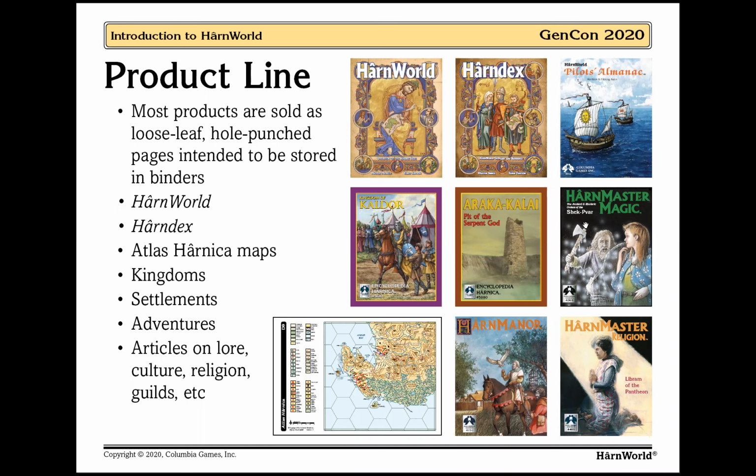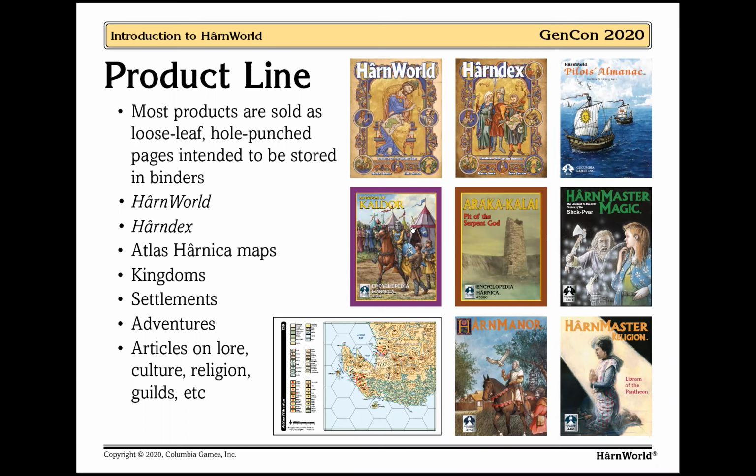So when you're starting, there are some pretty obvious places that we can say, these are the first things you really need to do, because they give you that high level of information. And then there's another step down and another step down. The HârnWorld master module, which is this one up here, and HârnDex, which is the master index and glossary, like an encyclopedia, are really good places to start, because they give you that really high level of information about the setting.